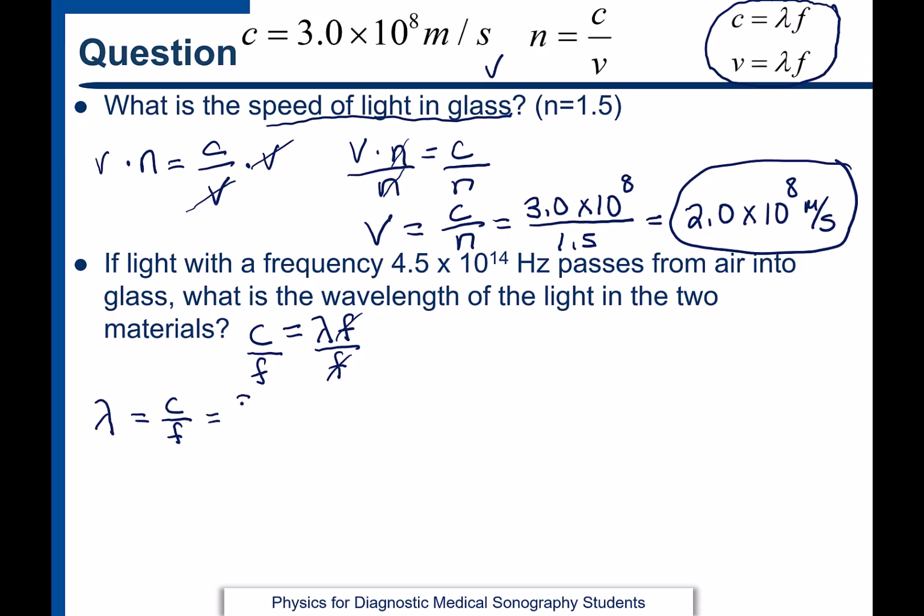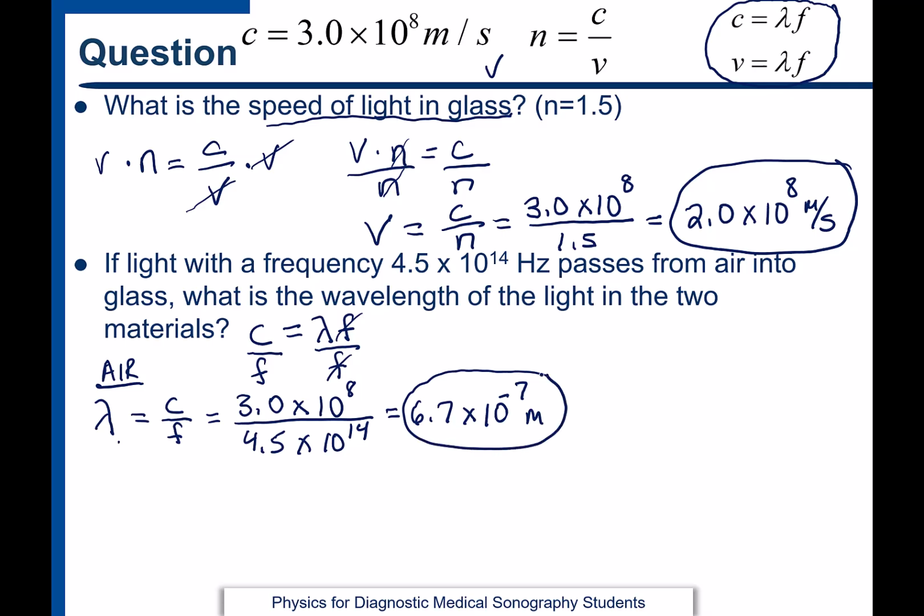So that's the speed of light in air, or a vacuum, which is 3 times 10 to the 8th, divided by our frequency, which is 4.5 times 10 to the 14th. And if you work that out on your calculator, you should get that the wavelength in the air is 6.7 times 10 to the negative 7th meters.